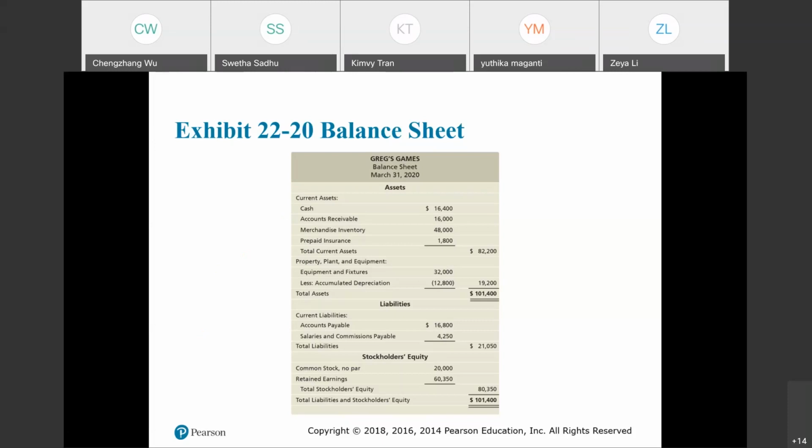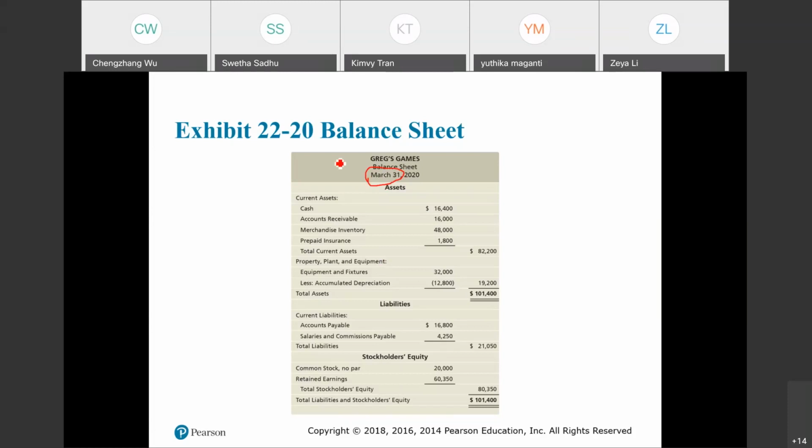Okay, now let's imagine it is the end of March. So here we have the balance sheet as of March 31st.